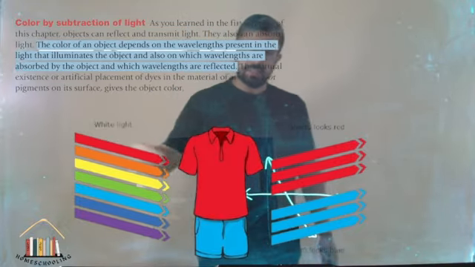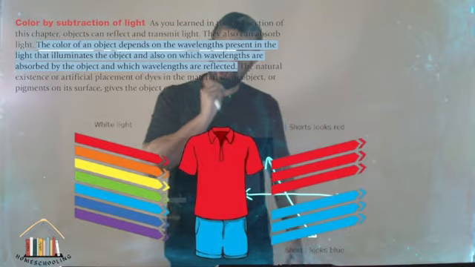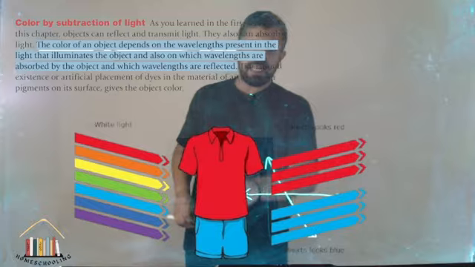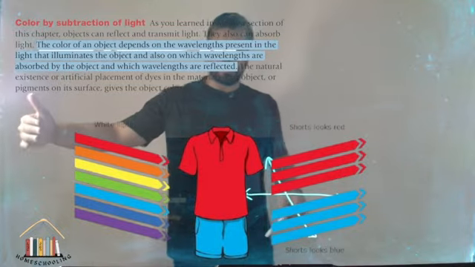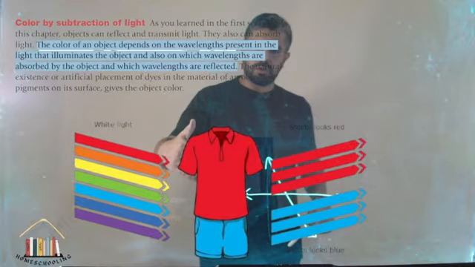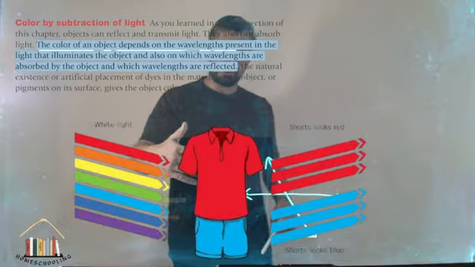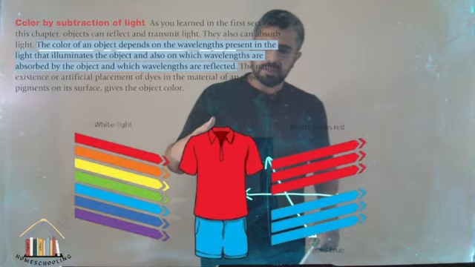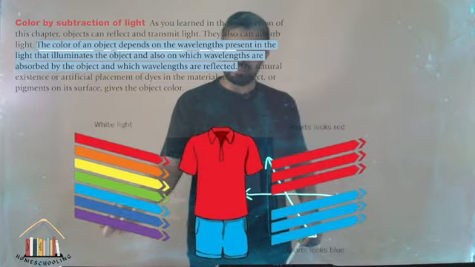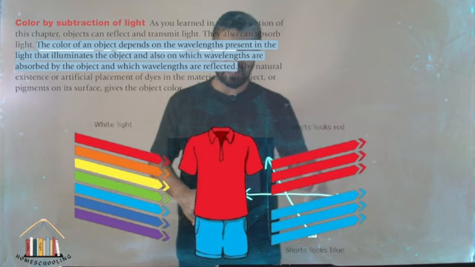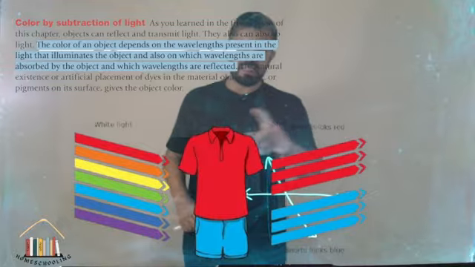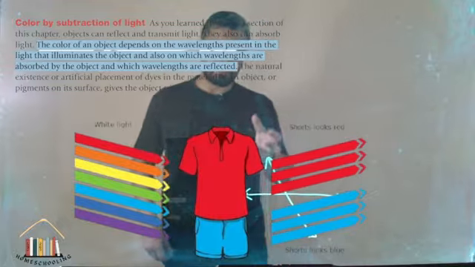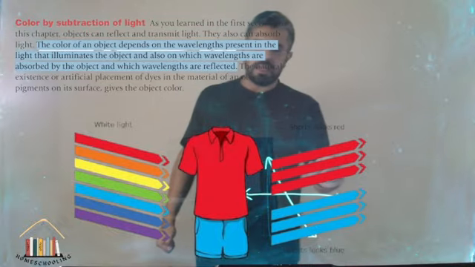However, we see here in this example a red shirt. Why do we see a red shirt? Because all the lights coming to this t-shirt are absorbed and only the red color is reflected. That's why we see it as red, because it absorbs all colors except the red color.